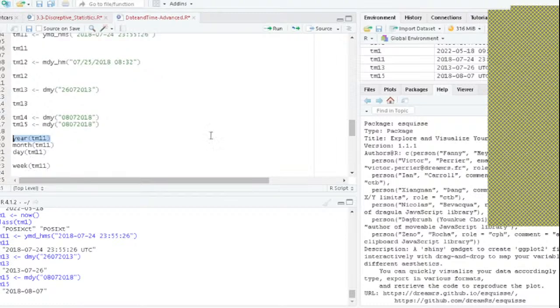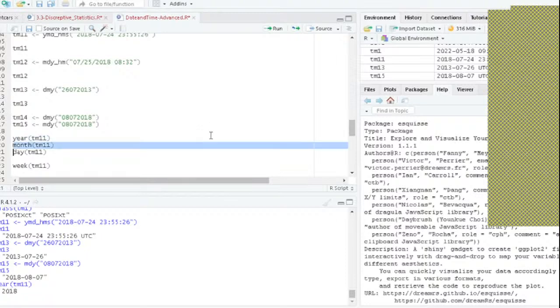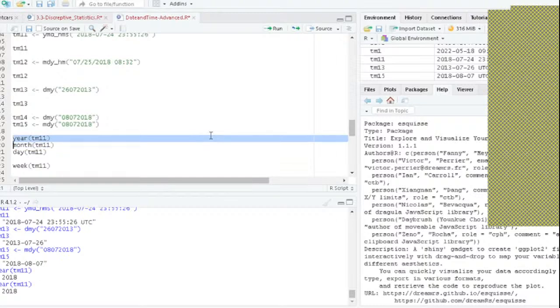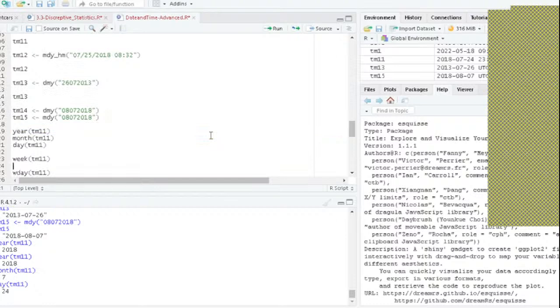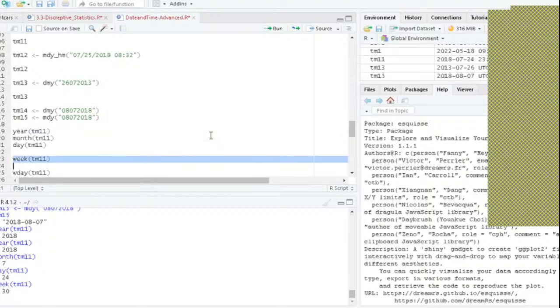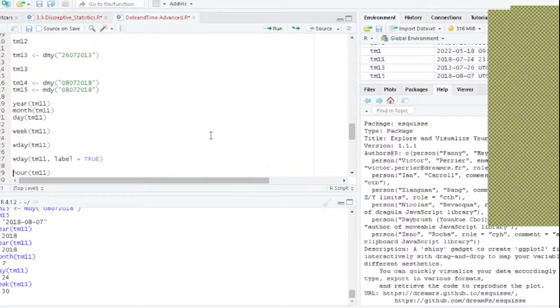Okay, I can pick only date, I can pick only year, month, or day, whatever I want. Even week, it will give me the week of the year. wday will give me the working day of the week of that particular day, right?